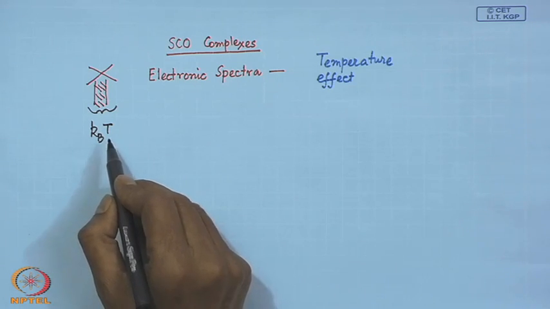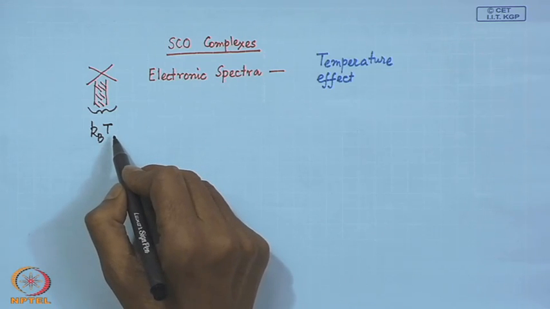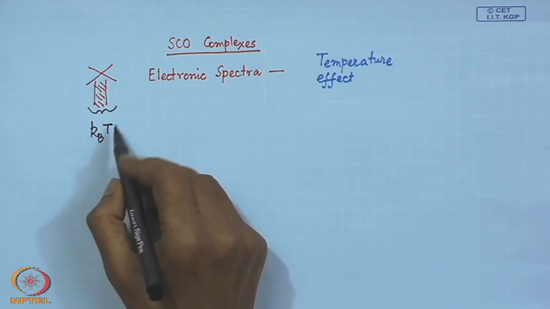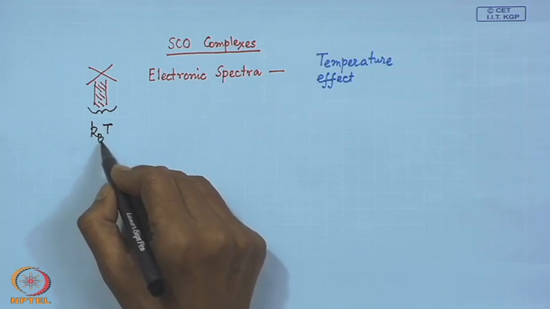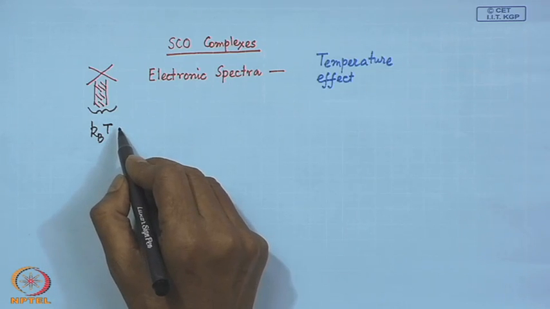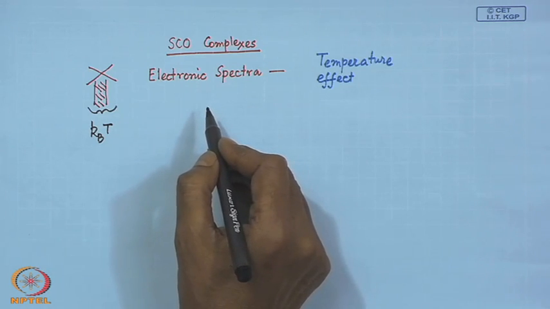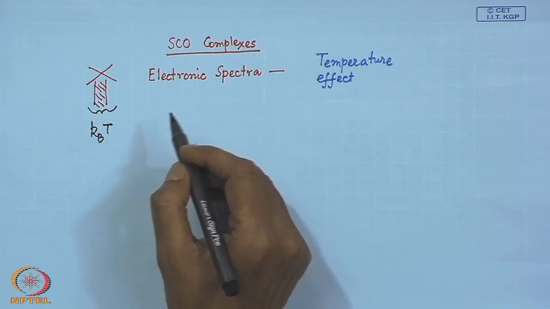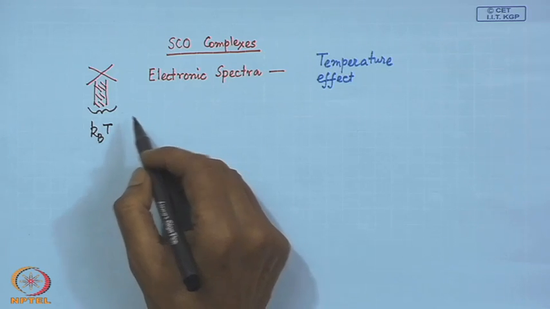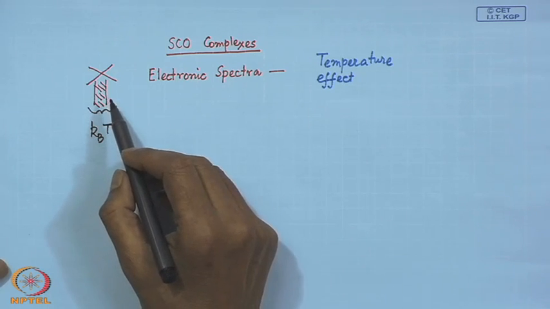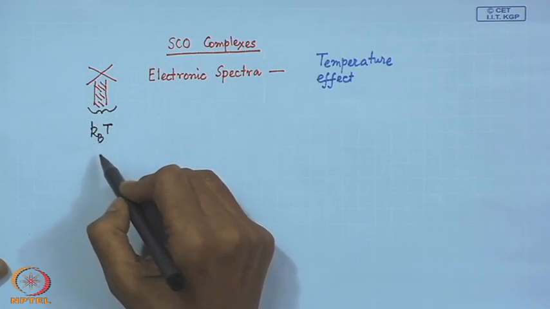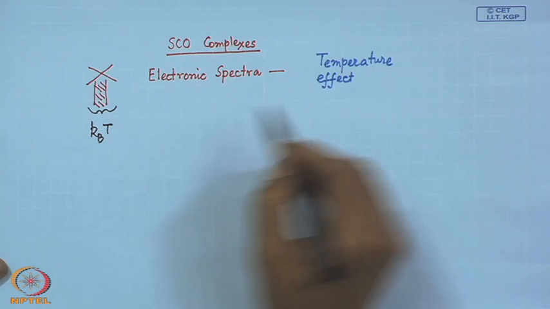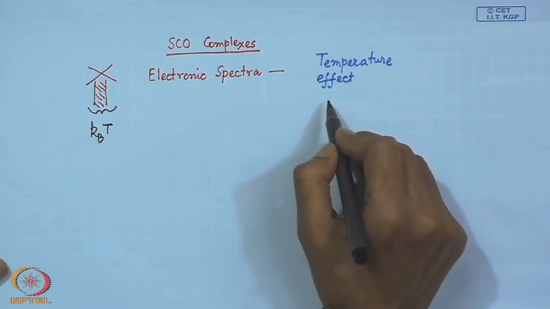So, it can show the corresponding changeover if we simply monitor the temperature where we are measuring any physical characteristics or the spectra. Since this particular crossover region is staying in this range, all the time we can see the corresponding temperature effect.